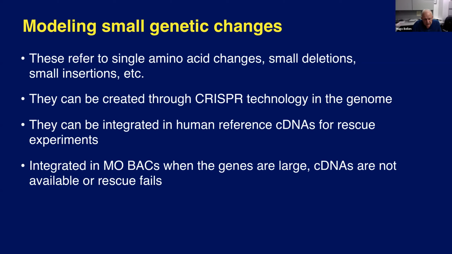And we typically do this in flies when the genes are large and cDNAs are not available or rescue fails. As I said, the rescue with BACs almost invariably works, and therefore, if the genes are conserved, they provide another avenue.